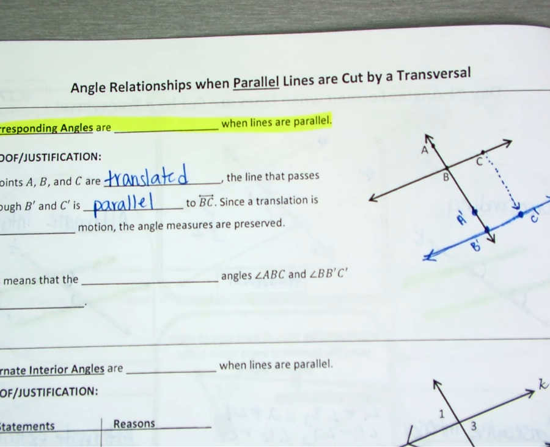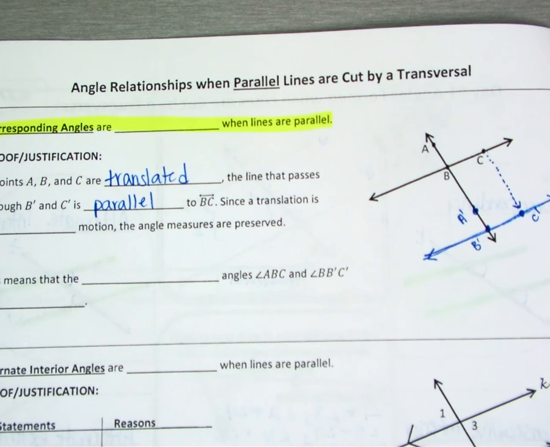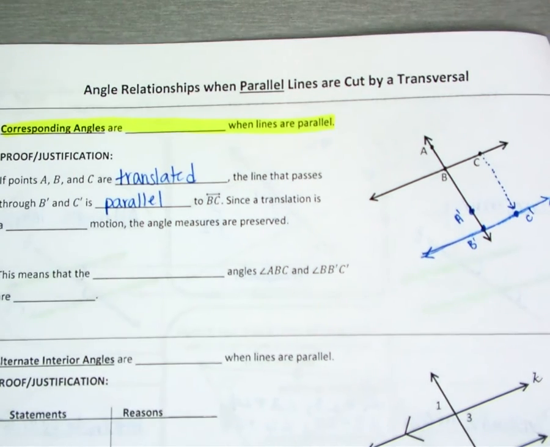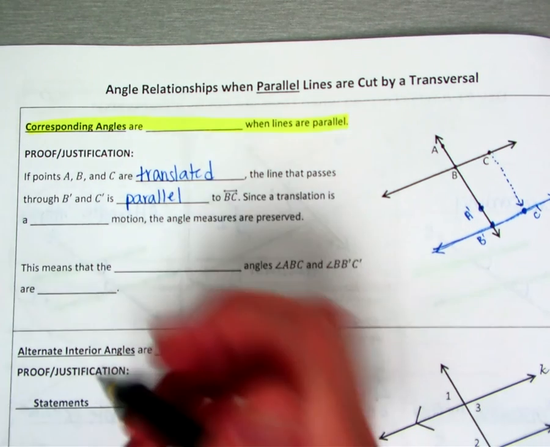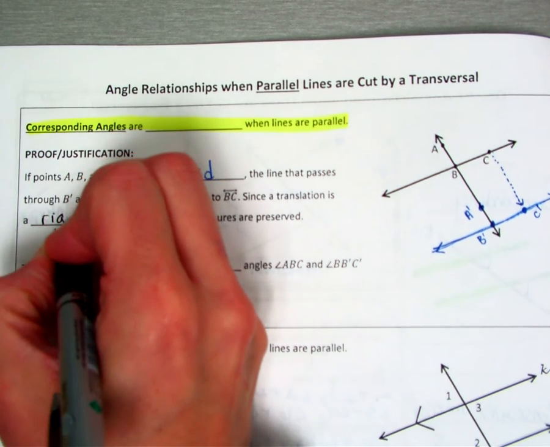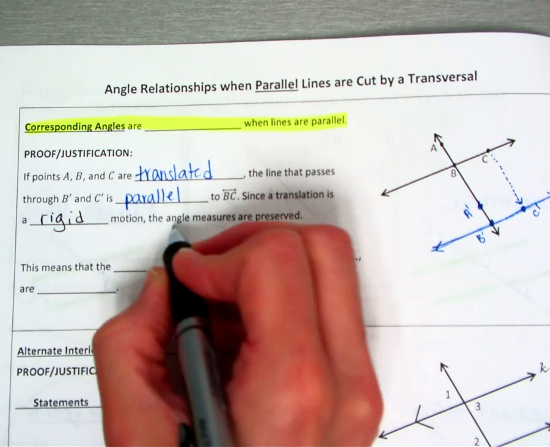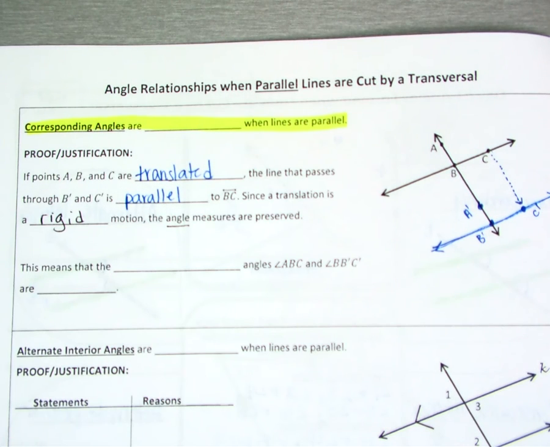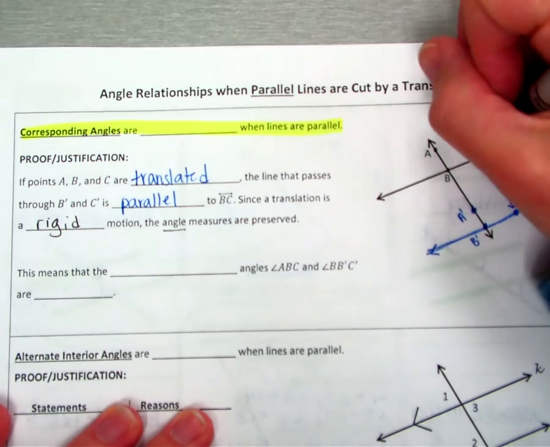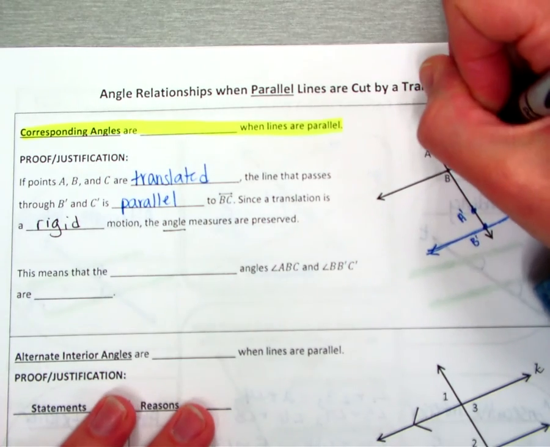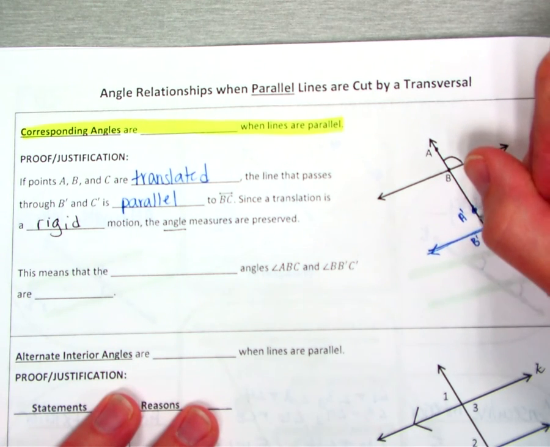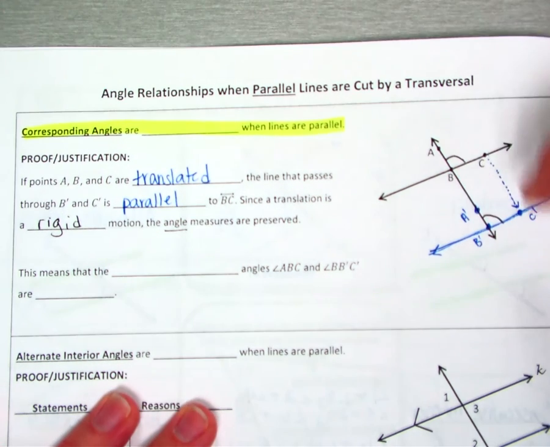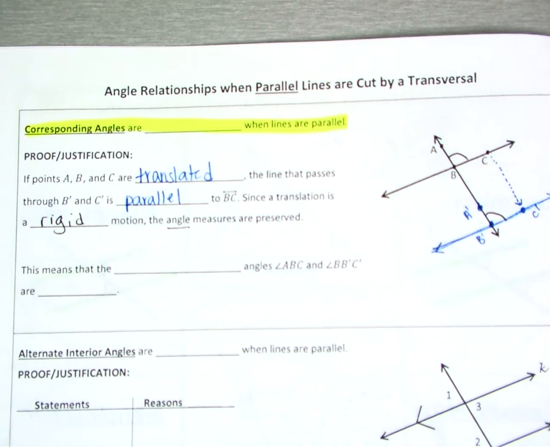Because I just did a translation, and translations are what's called a rigid motion, angle measures are preserved, meaning that when I took this angle ABC, this one right here, and I translated it down here to A prime, B prime, C prime, those 2 angles stayed the same.